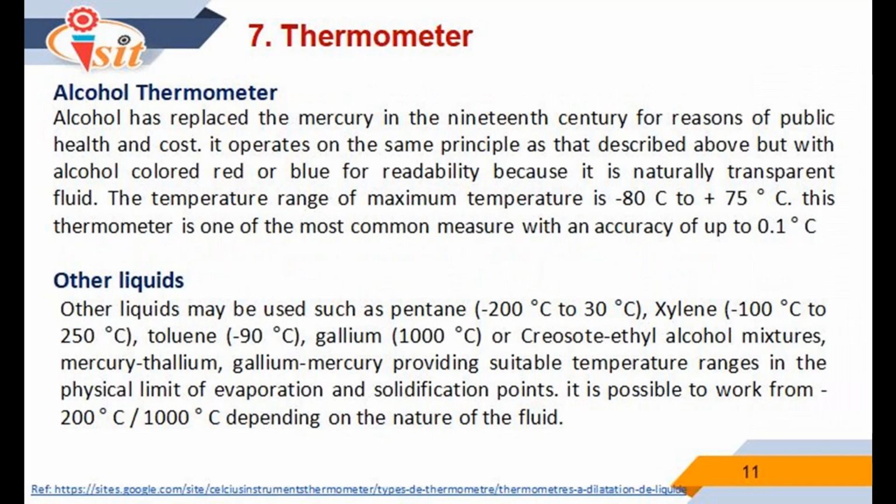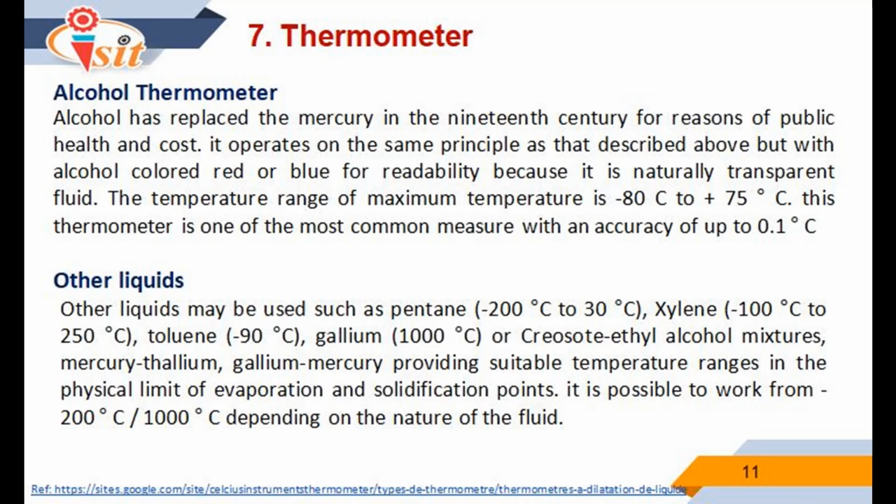The second important thermometer is the alcohol thermometer. Alcohol has replaced mercury since the 19th century for the reason of public health and cost. It operates on the same principle as described above for mercury.